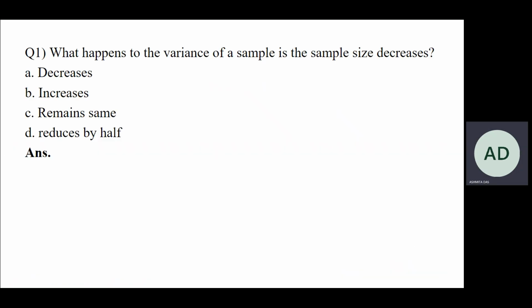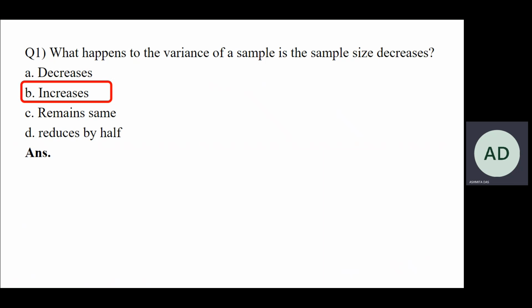Now, moving to the first question, what happens to the variance of a sample if the sample size decreases? In this case, if the sample size decreases, the variation will be more as per the theory. So it's true that if the sample size decreases, the sample variance increases.